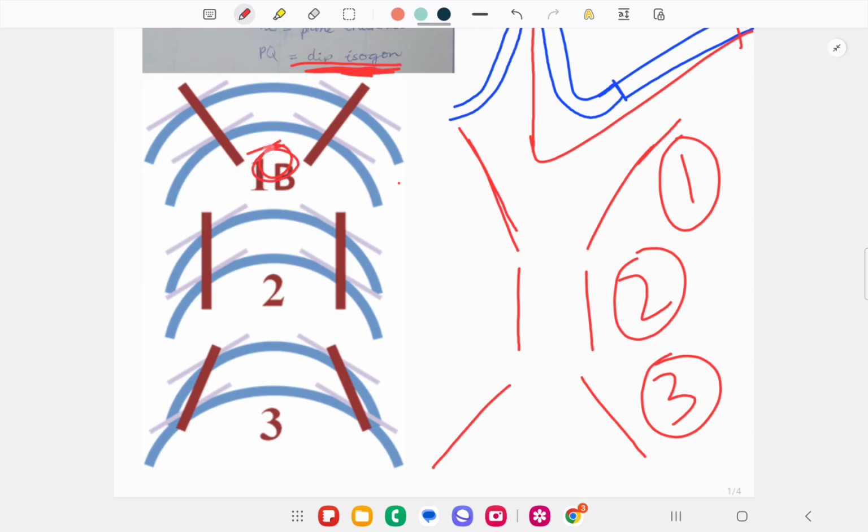This area is called the core of the fold. In a class 2 fold it is parallel, and it diverges in a class 3 fold. This is the primary characteristic we have to look at in a fold.